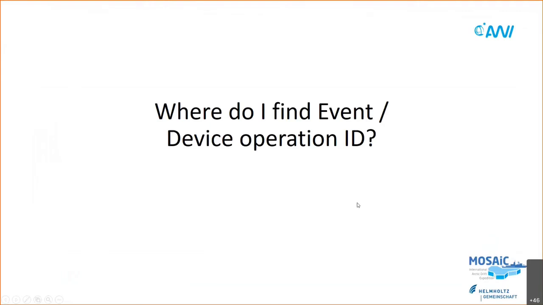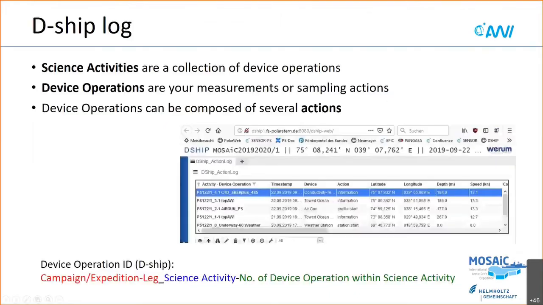Okay, I promised that I will talk a little bit more about the events, or the device operation IDs. So here we go. For logging scientific work during MOSAIC fieldwork, the dship log was used, and in that, science activities were a collection of device operations.